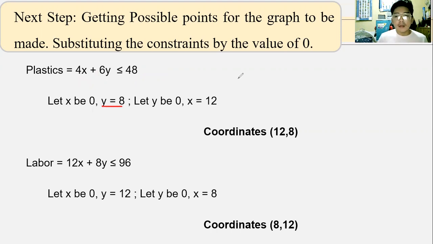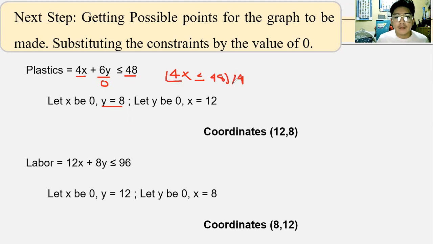Okay. Then we're going to just repeat the procedure. This time, we're going to put the value of y into 0. So that's basically 6 times 0 is 0. So we have these two, 4x and then 48. So in order for us to get the value of x, we're just going to divide the 4x is less than or equal to 48 by 4.